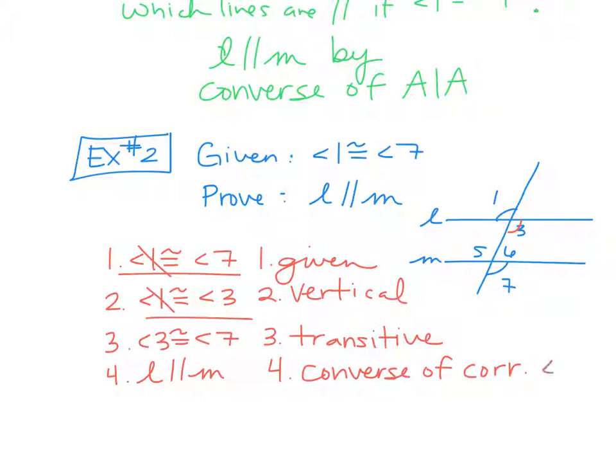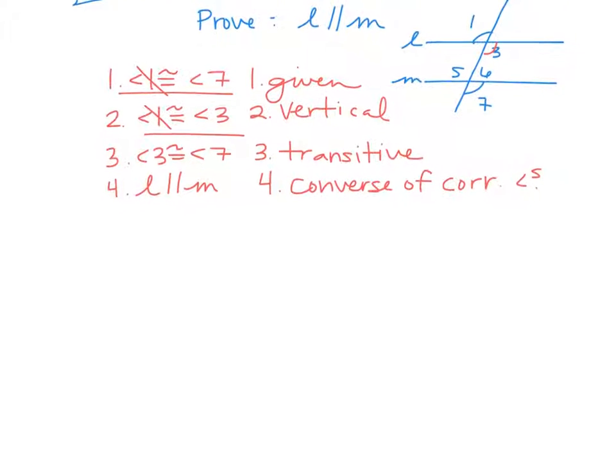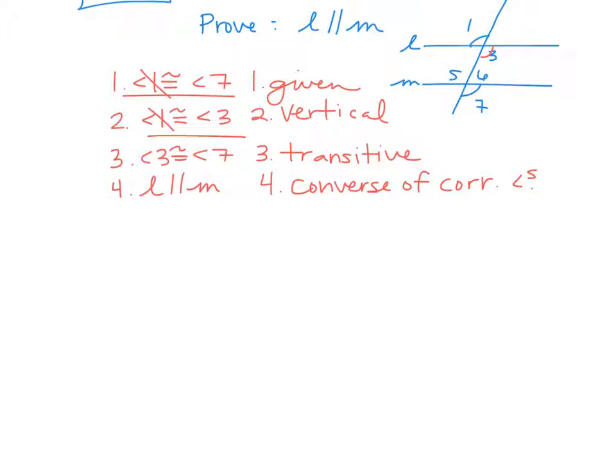Those are corresponding angles, and if corresponding angles are congruent, then the lines are parallel. Okay, so that's your converse. Do you see how much transitive and vertical show up in proofs? Really, if you can just remember the common things that show up, you are a step ahead because you see a lot of the same stuff over and over and over again. Any questions on that one?